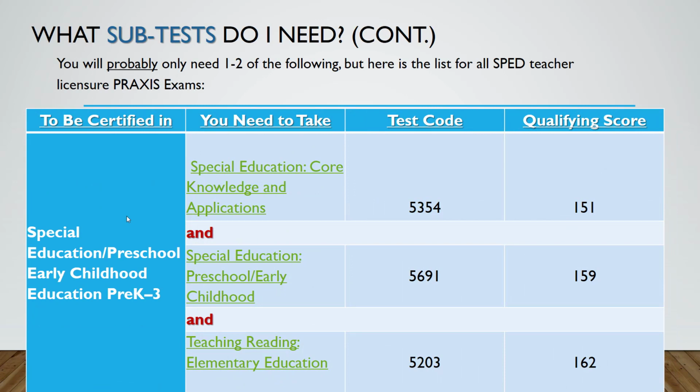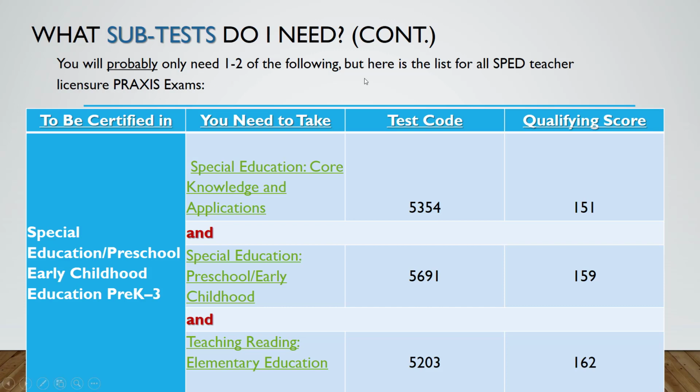Another option that is not required, but depending upon what job you're looking to get when you leave this program after you successfully pass your licensure exams and graduate from this program, you may want to have an additional certification to make yourself even more marketable. To do that, you will need to take some additional Praxis exams to meet those requirements.